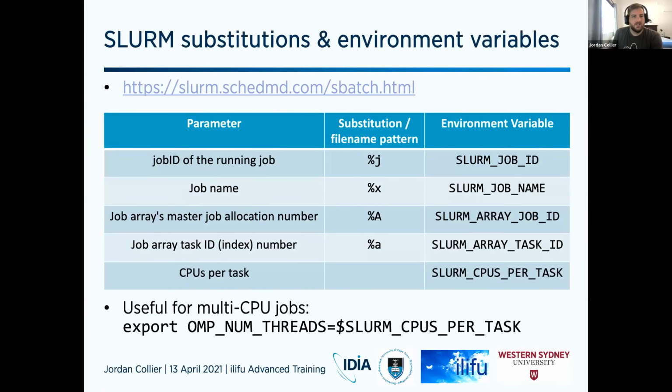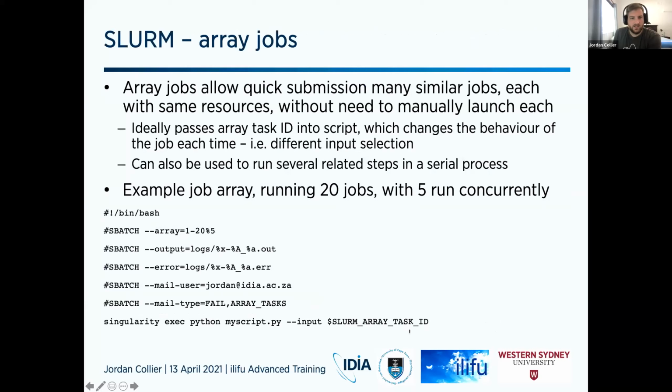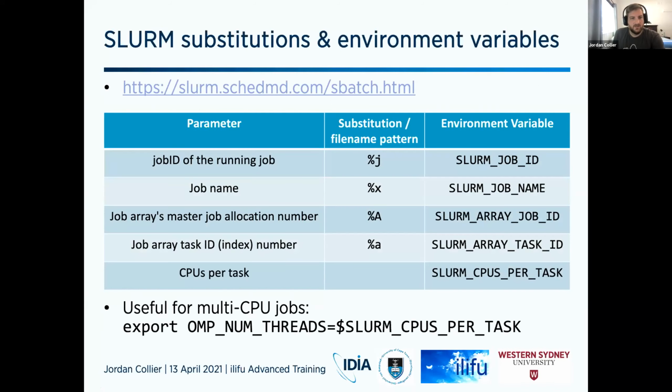And then this brings me to environment variables and substitutions. So this, what I showed down here, was an environment variable. This is something accessible within the SBatch script that refers to something related to the SLURM script. So you can read about these here, but essentially the environment variables are listed here. And then there's also a way to substitute variables into a file name.